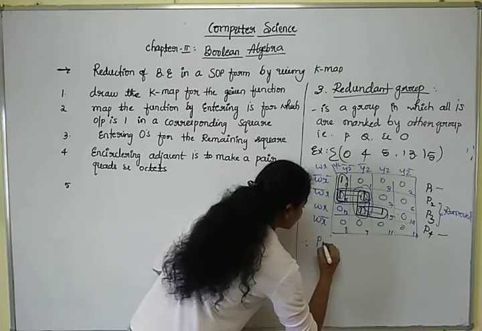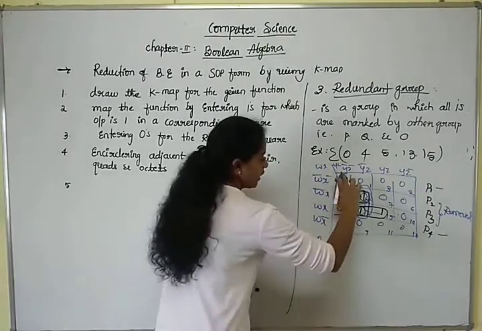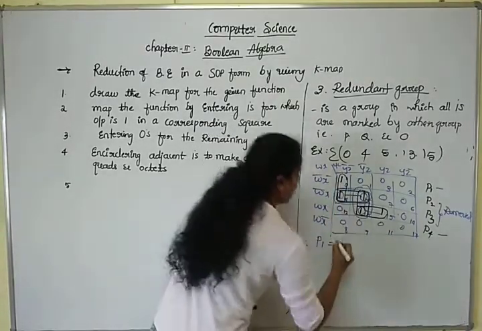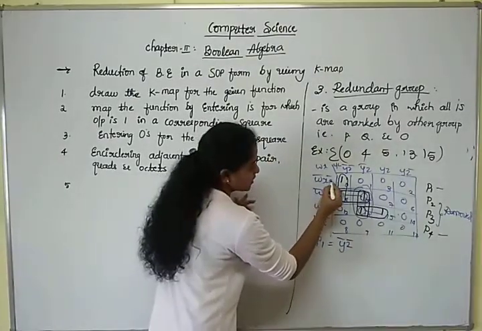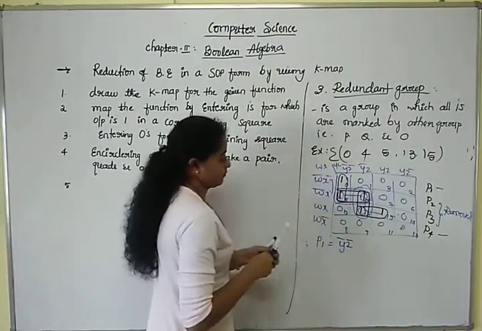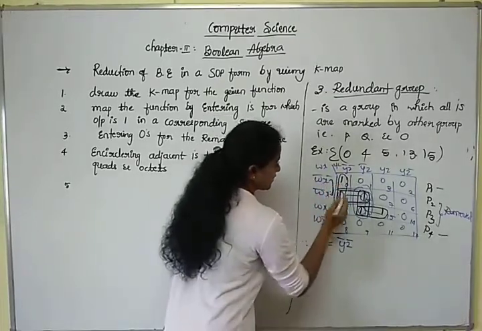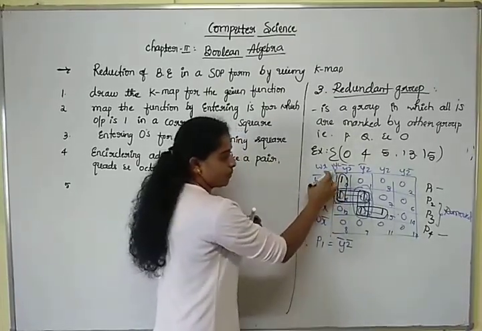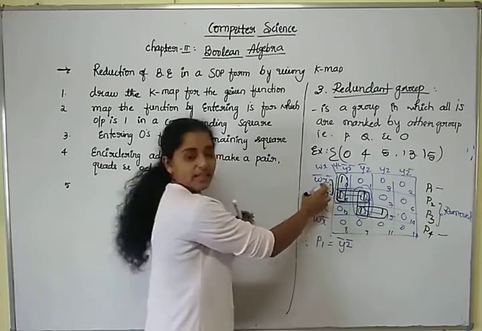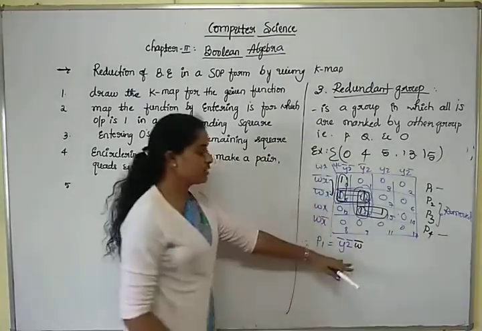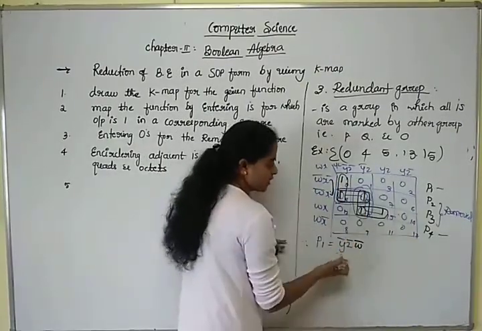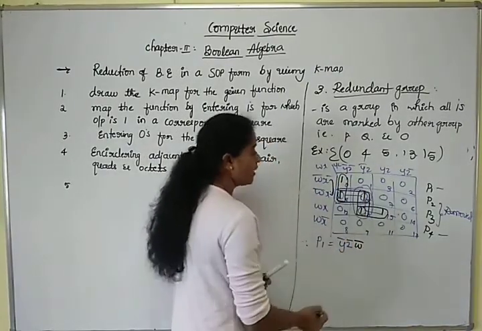Therefore, the reduced expression for pair 1: in the given pair 1, y bar z bar is the same. Here, x changes its state from complemented to uncomplemented, so it is removed. Here, we got only w bar. So the reduced expression for this pair 1 is y bar, z bar and w bar.